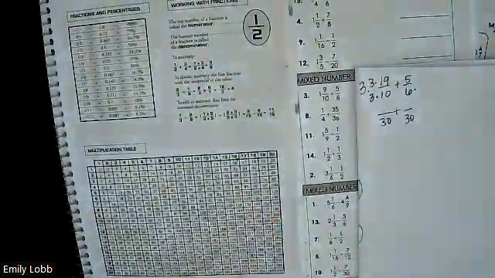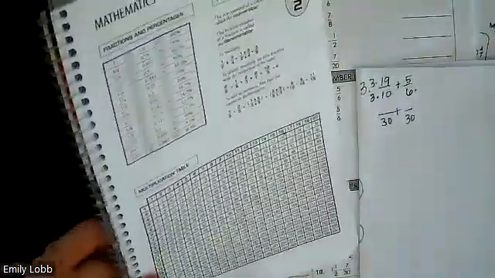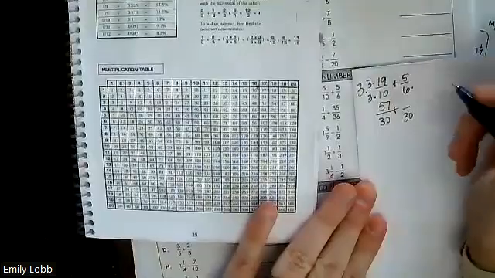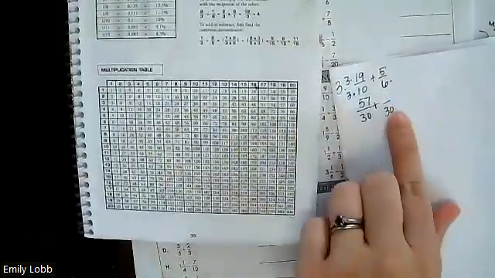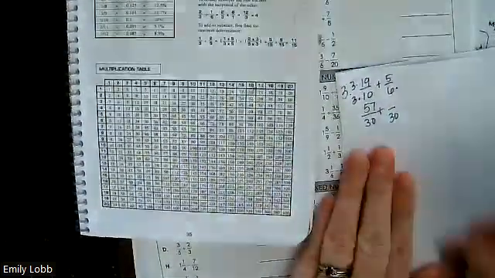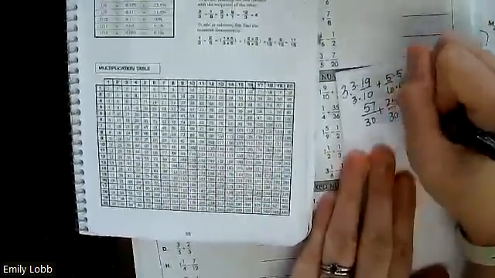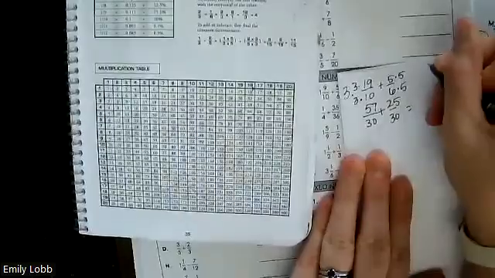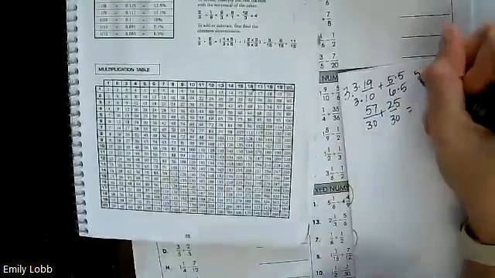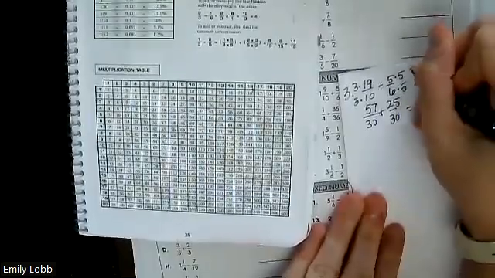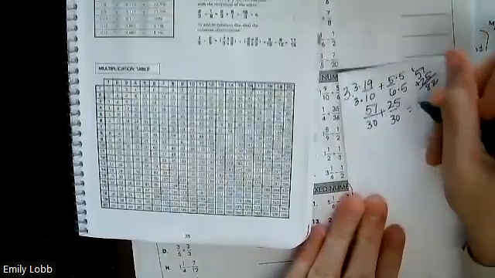So 3 times 19 is 57 according to my multiplication table. What do I have to multiply the 6 by to make 30? 5. 5 times 5 is 25. And then I have, excuse me, 57 plus 25.